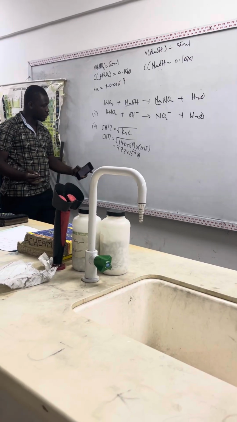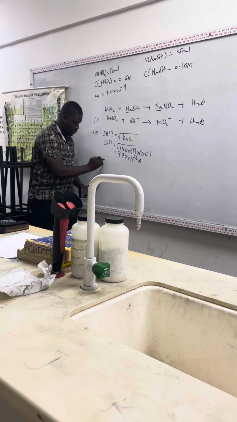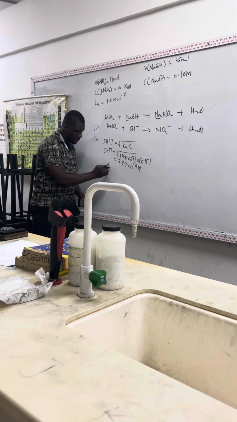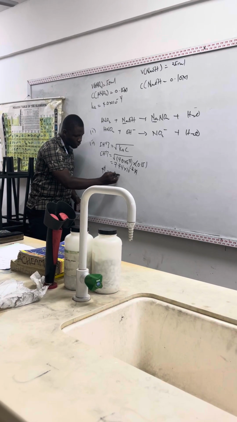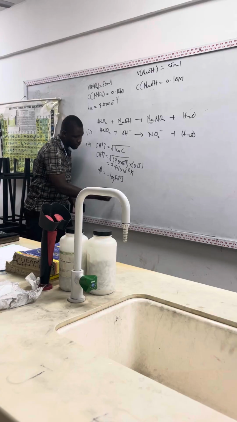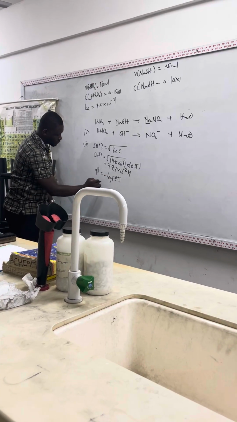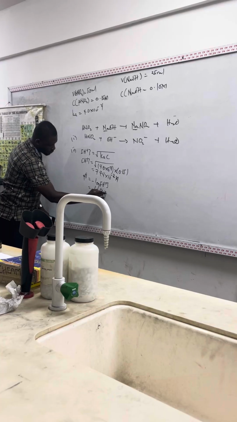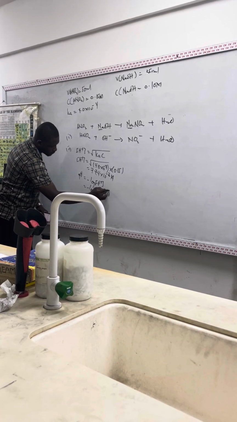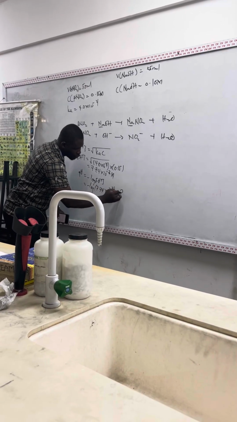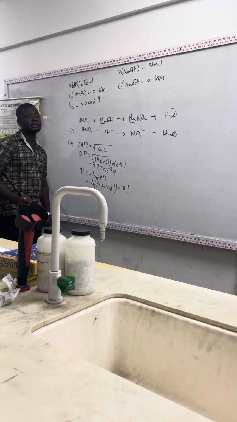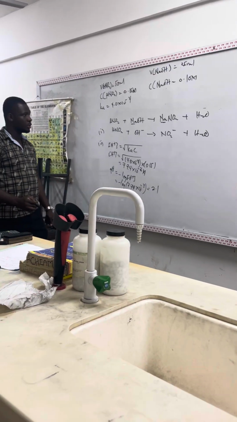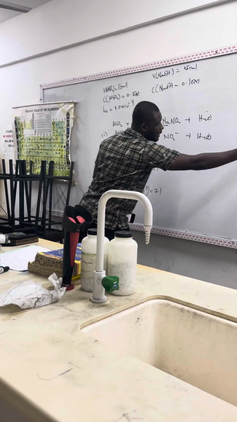Now that we know the concentration of the hydrogen ion, we can say that pH is equal to negative log of the concentration of hydrogen ion. Now we put this concentration here, and per the calculation, we should be getting 2.1 as our pH.